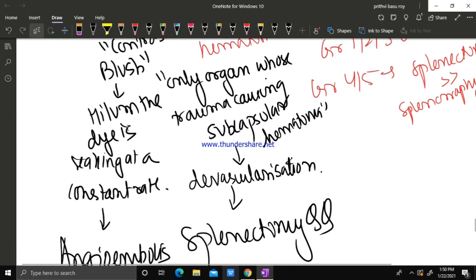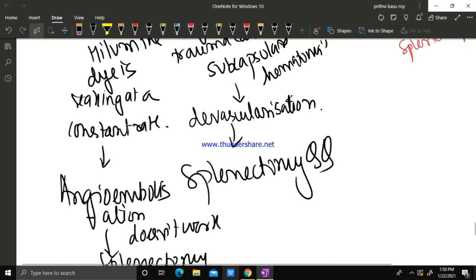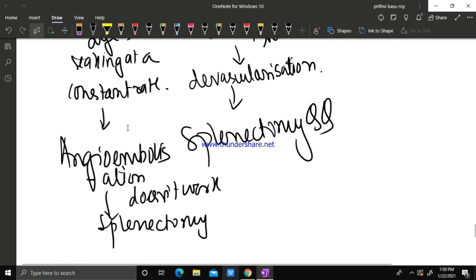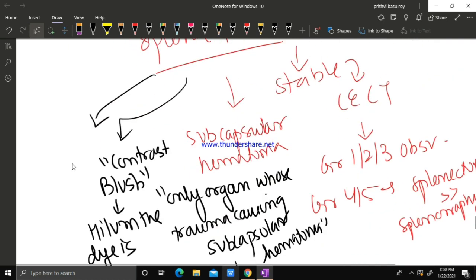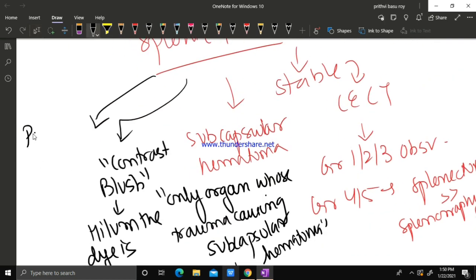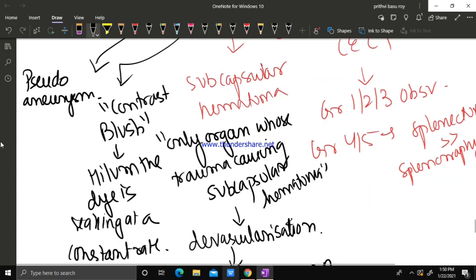Contrast blush, the dye is leaking at a constant rate from the hilum. You can do an angioembolization because at the hilum, where the splenic pedicle and everything is there, you can actually block it. If it doesn't work, you do a splenectomy. If there is a pseudoaneurysm, which is very likely, as you've already read, sometimes even in pancreatitis there might be a pseudoaneurysm of the splenic artery. What do you do?